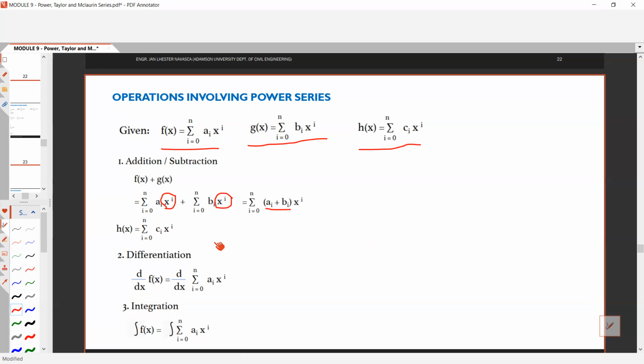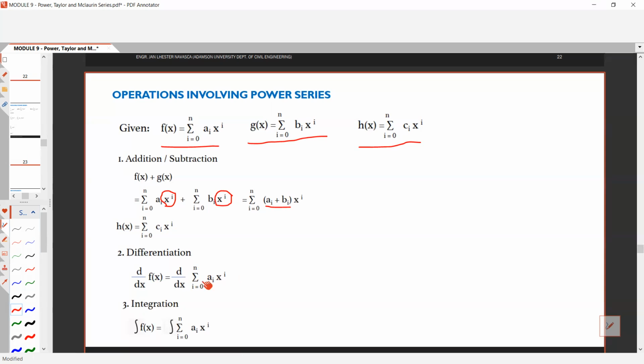Okay? Next naman is by differentiation. So the derivative of f of x is equal to the derivative of the power series expansion. Let's say for example, you want to find the Maclaurin series expansion for cosine x. You know the Maclaurin series expansion for sine x, di ba?